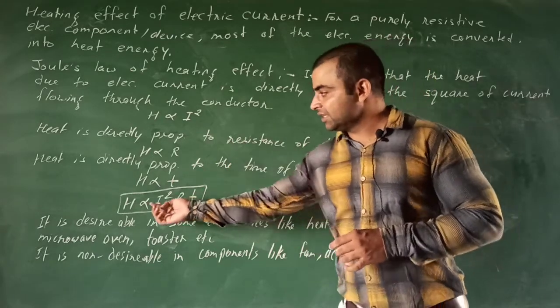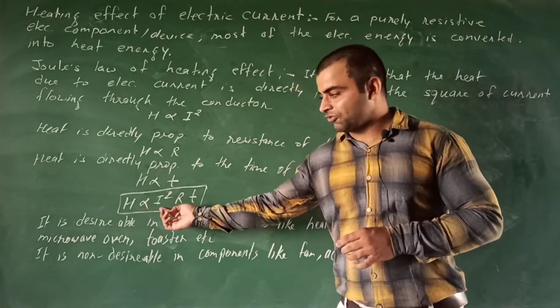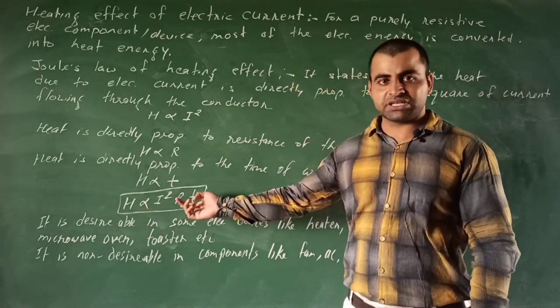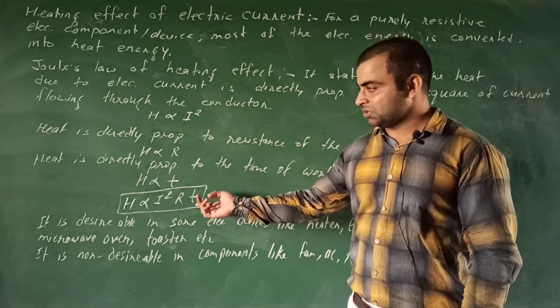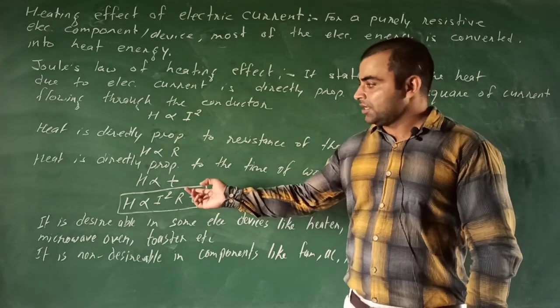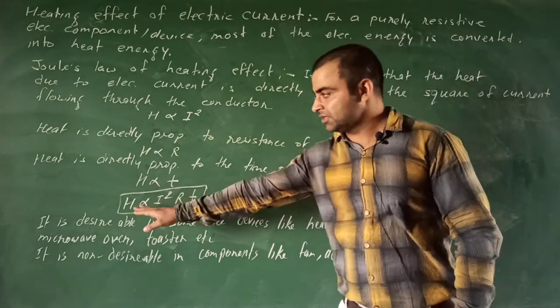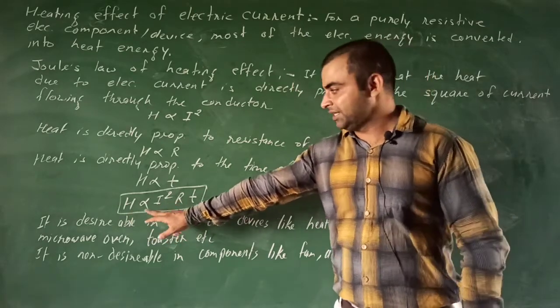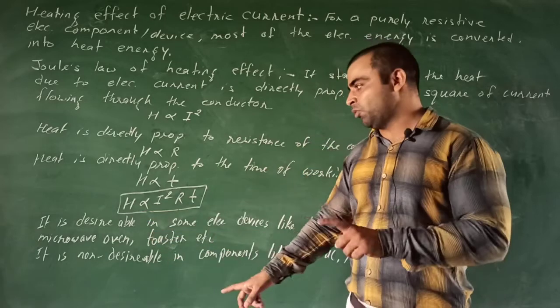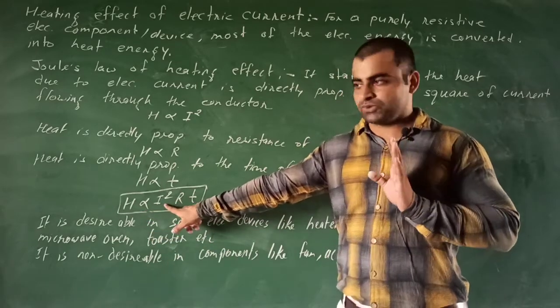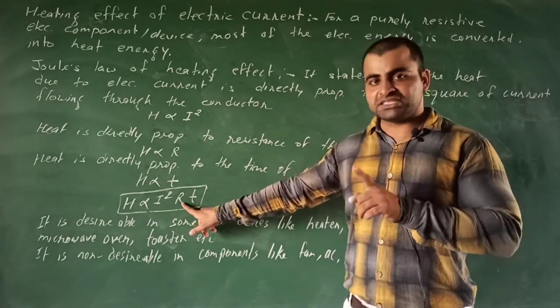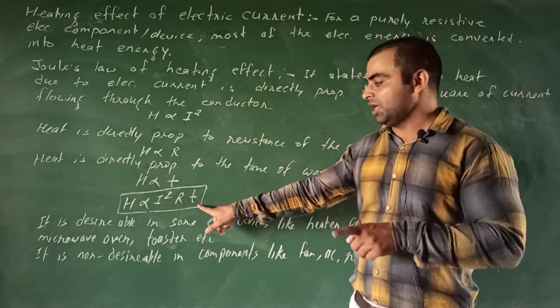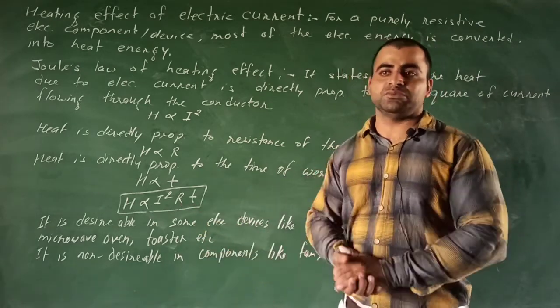It means electrical energy is converted into heat energy. Heat will be more when the current is more. Heat will be more when the resistance is more. Heat will be more when the operating time is more.